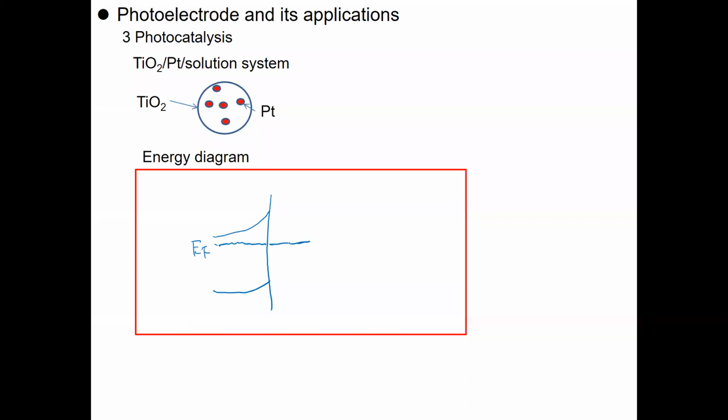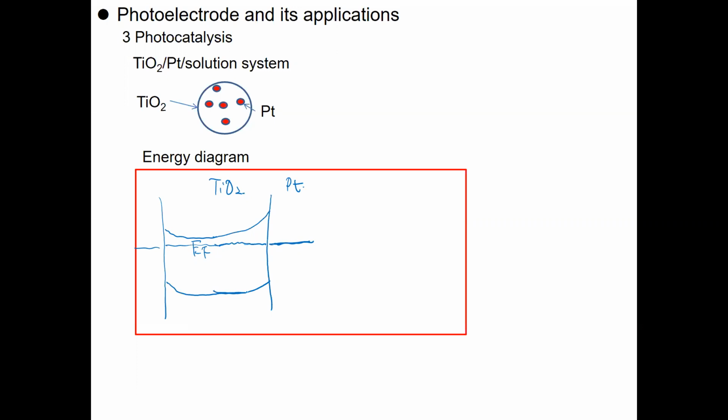The Fermi energies must match for the present case and TiO2. Since TiO2 has a limited size range, you can see something like this. So this side also has some sort of change.